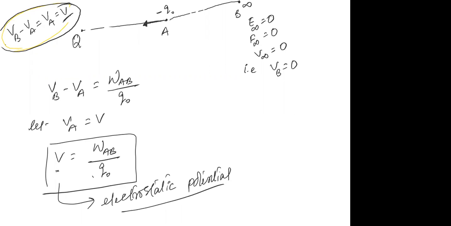So out of the 2 points, if one of the points lies at infinity, then in that case potential difference or electrostatic potential difference will be simply called electrostatic potential. Did you understand? Everyone please respond.